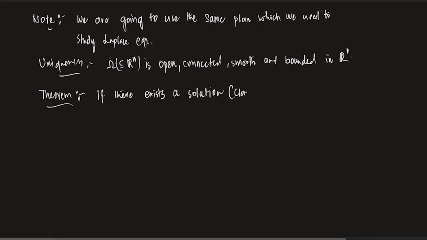Okay, u in C21 omega t. If there exists a solution, because we don't know if there is a solution, I'm just assuming that there is a solution of 1, then the solution is unique. Is this clear? So it says that if there is a solution, it has to be unique.